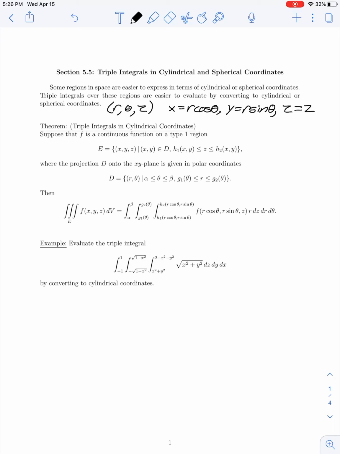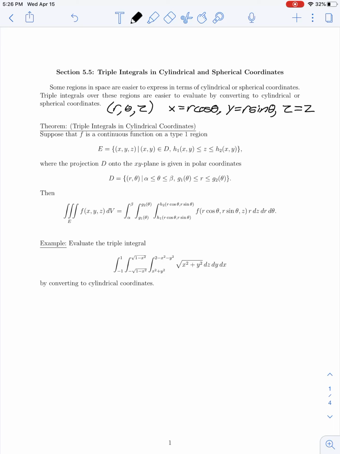So really r and theta are the polar coordinates of our point if we were to project it onto the xy plane, and then the z coordinate is just the normal rectangular z coordinate.